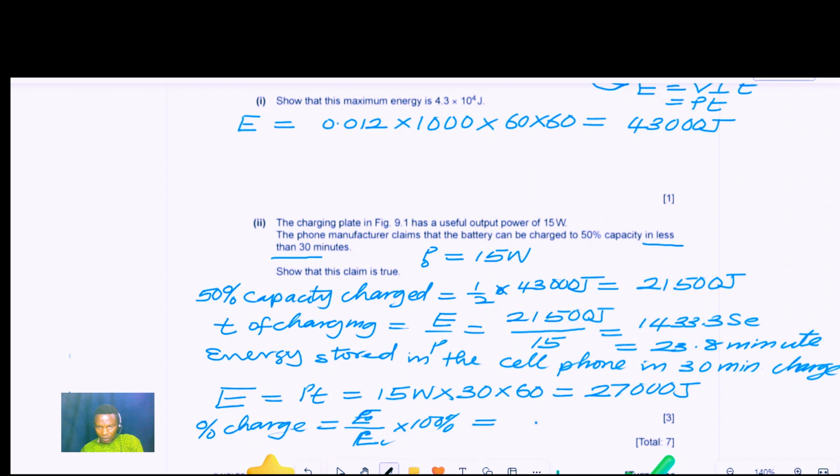That would be 27,000 over 43,000 times 100%, which is 62.7%. So if the phone is charged for 30 minutes, the battery will be charged to a capacity of 62.7%. So the manufacturer is correct.